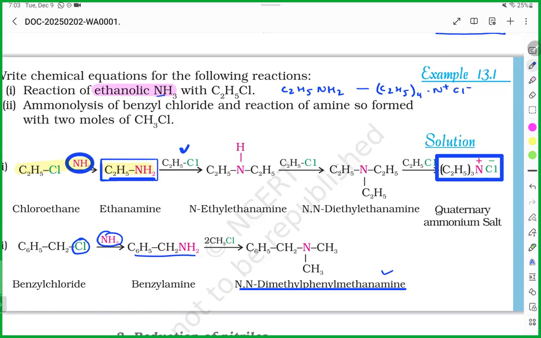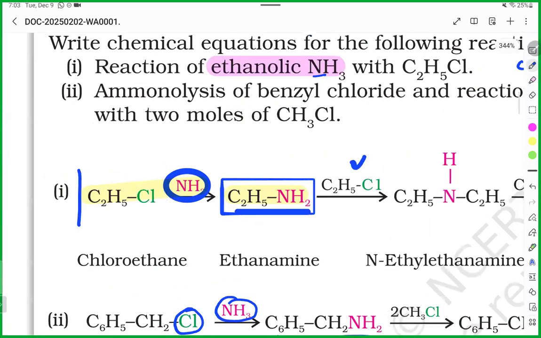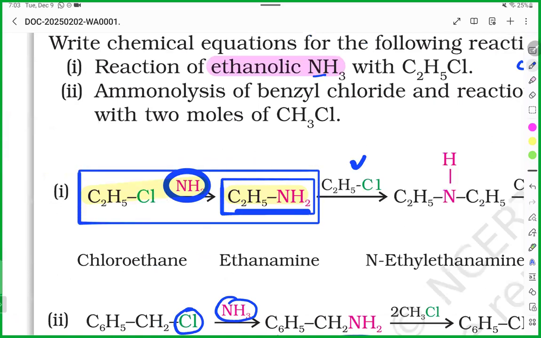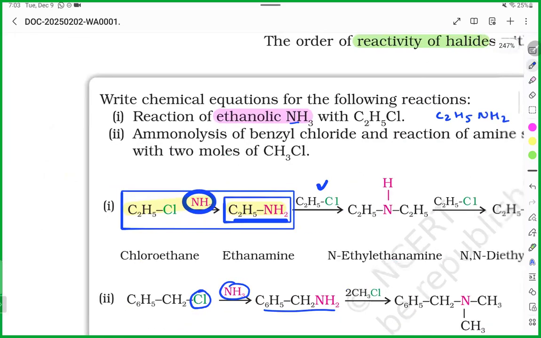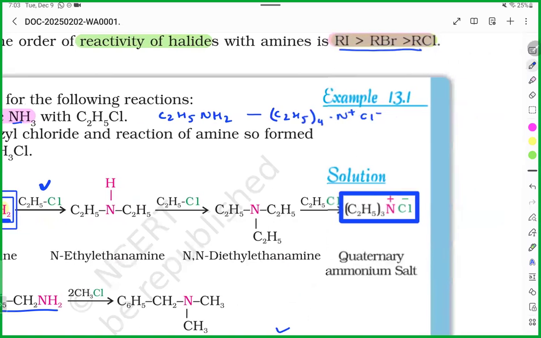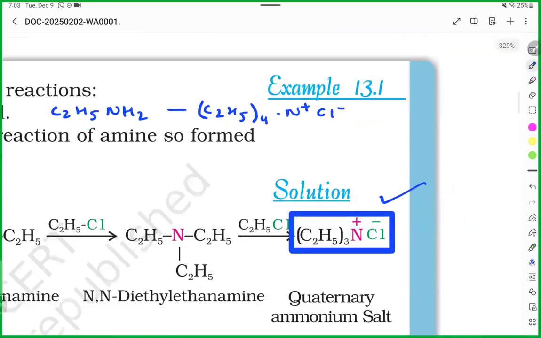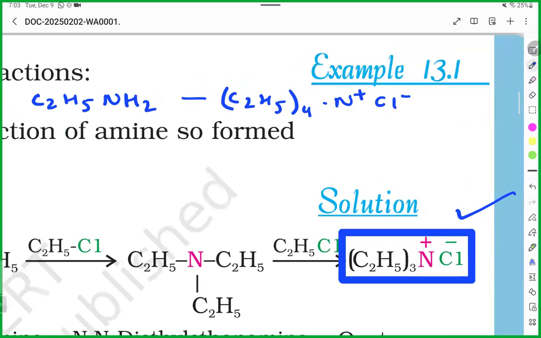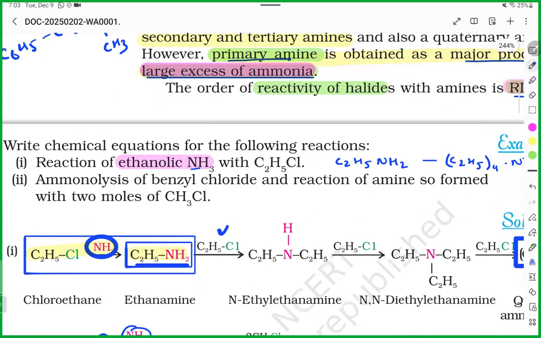Because ammonia reacting with C2H5Cl, even if you write only the first part, this is also correct. Understood? If they write C2H5Cl in excess, still it is correct, like the full reaction. But when they write one thing in excess, then compulsorily you have to write this product. Excess alkyl halide. But if they don't mention, you can write anything. Both are fine.